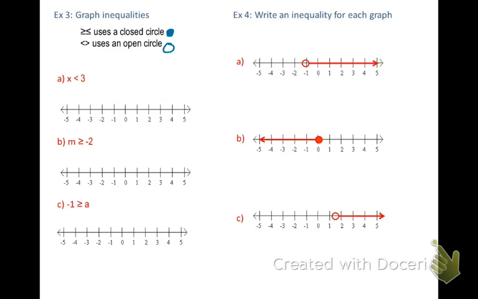If the variable is greater than, it goes to the right. If it's less than, it goes to the left, but you have to go by the variable.